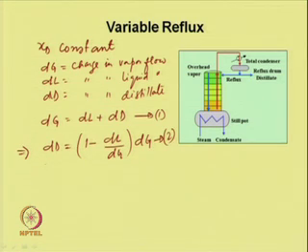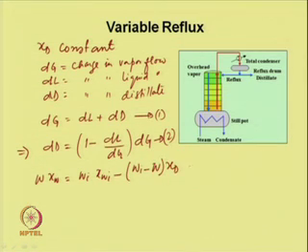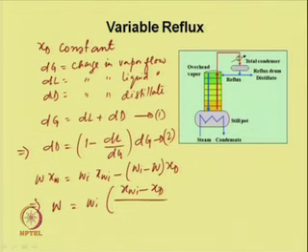Now, if we do the species mole balance, we can write W x W would be W I x W I minus (W I minus W) into x d. So, from here we can write W is equal to W I times (x W I minus x d) divided by (x W minus x d).